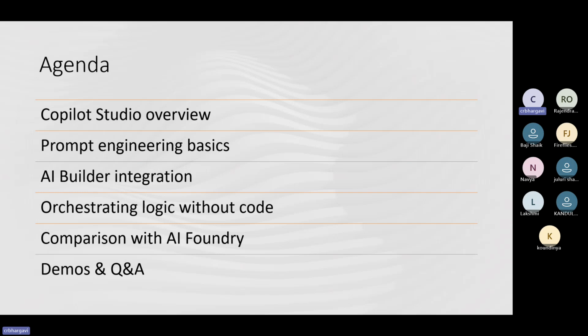Post that, as we discussed, we will compare the same with AI Foundry. And if you don't understand anything in the theory part, we will take up the demo part and walk you through what we covered in the theory inside the demo as well.